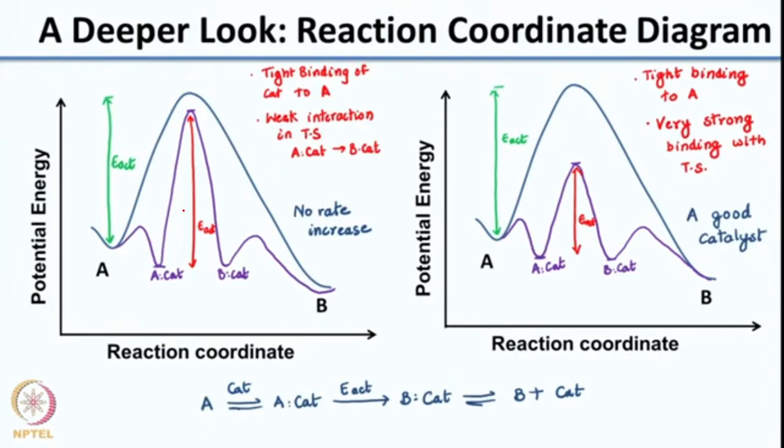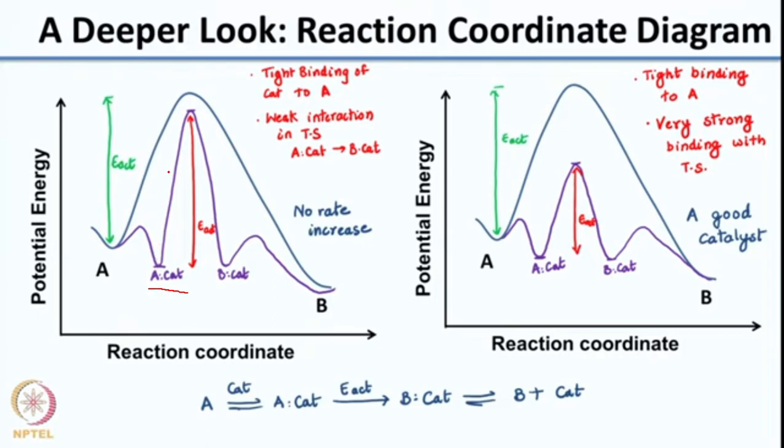Now in the third case, you can see tight binding of the catalyst to A. That means the A catalyst bond is very strong and this is a stable intermediate. But there is weak interaction in the transition state.